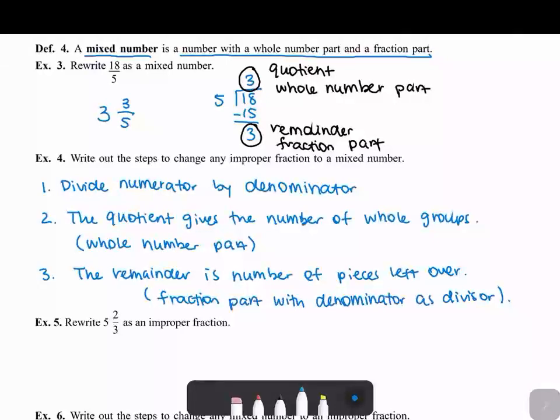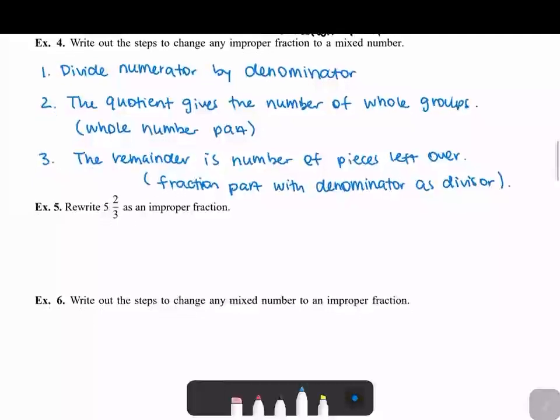Okay, so we can also go the other way to write 5 2/3 as an improper fraction. So we're going to say that 5 2/3, every mixed number really represents the value of 5 plus 2/3. Okay, so we have this kind of shortcut to convert from mixed numbers to improper fractions.